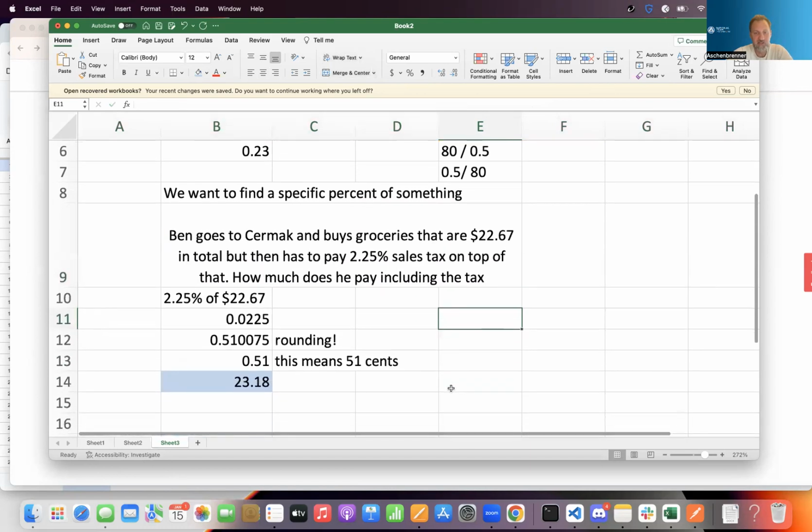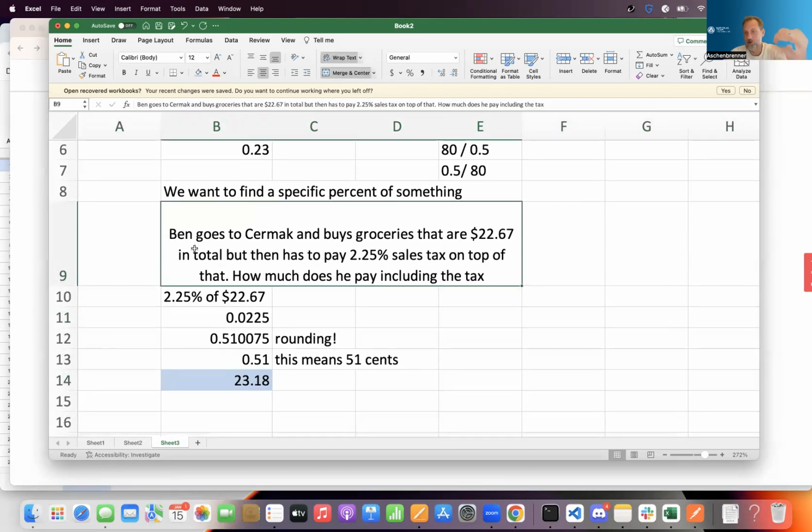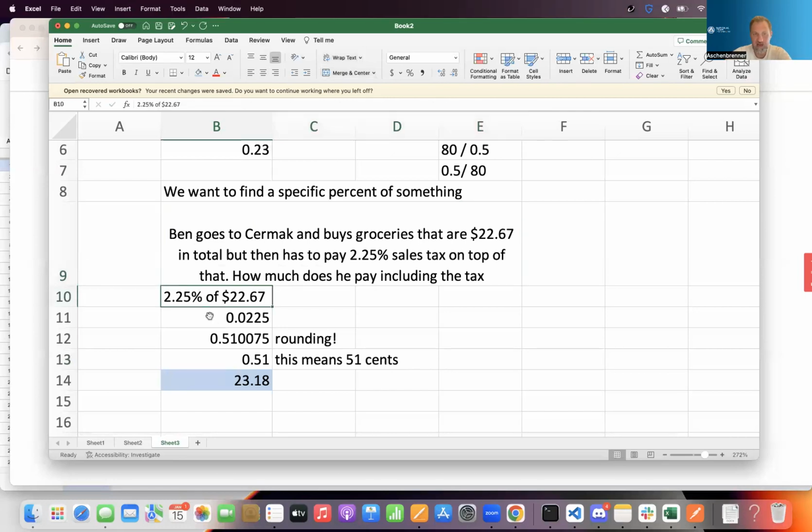Okay, so this is an example of a real question, setting up the problem, doing the math, leaving a trail in Excel, providing the answer at the end. If you're going to do your work in Excel, which you should, you can just submit an Excel book to me as your submission.